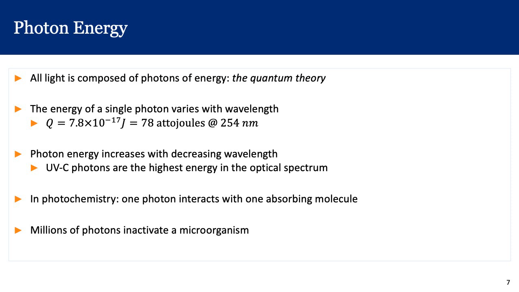It's incredibly small, but it's of importance when this photon energy is absorbed by key molecules, because it can alter the molecule, it can break bonds, it can isomerize. And the key rule of photochemists is that one photon interacts with one absorbing molecule. So obviously, you need millions of photons to alter a microorganism, even a virus.